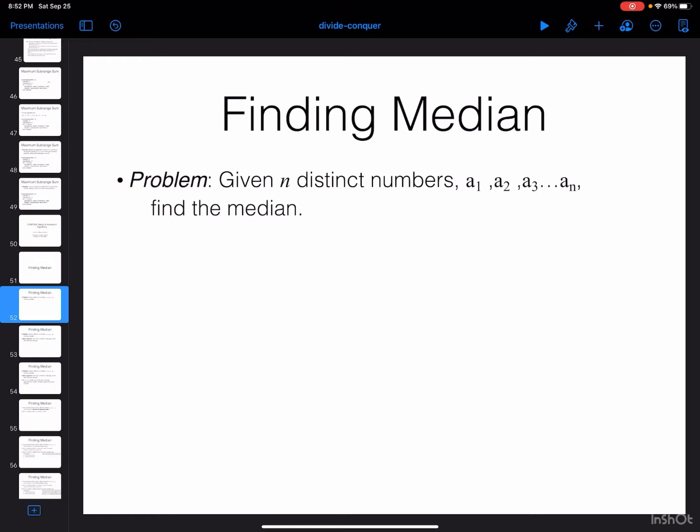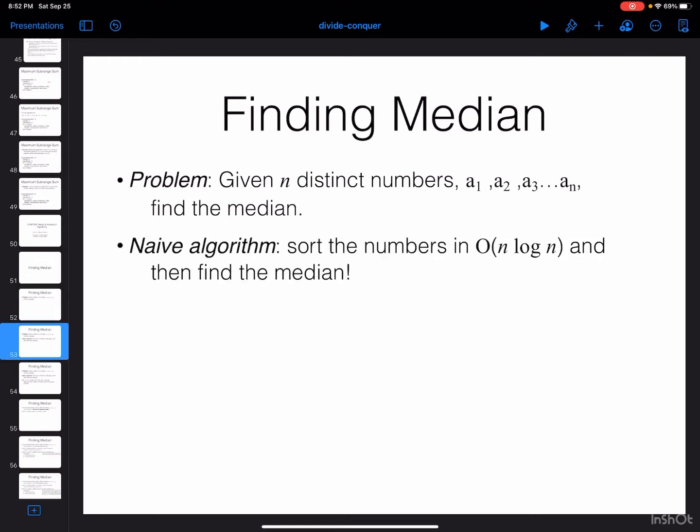A naive algorithm that first comes to mind is that we can sort the numbers, and finding the median is very easy. The middle item is going to be the median among these n numbers, right? What is going to be the cost? We know that the best sorting algorithms that we have work in n log n.